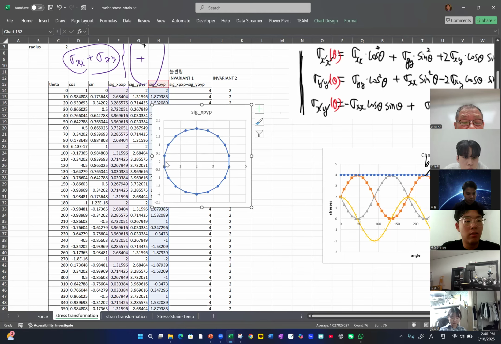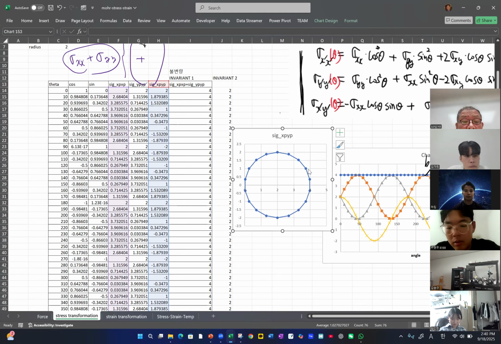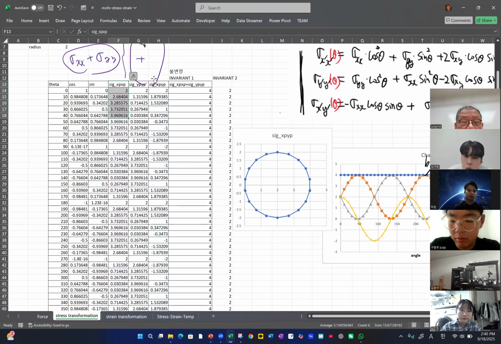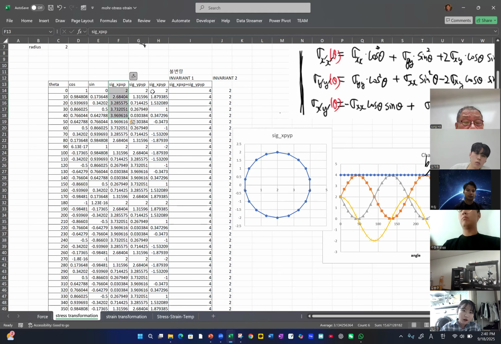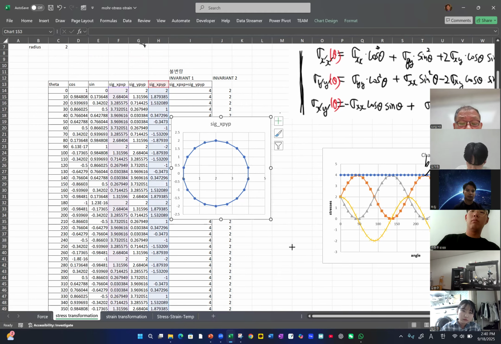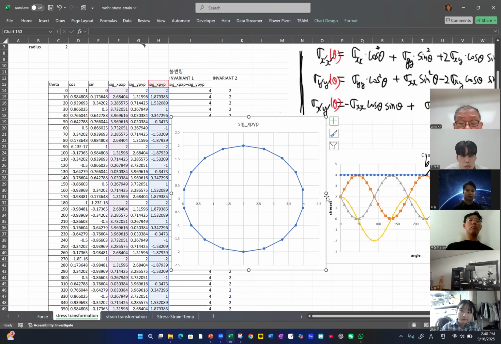I'm trying to have the same scale. This is a scale of 4, and this is a scale of 2 and 2, so it's about the same scale. Again, what we plot here is this one as the x-axis and this one as the y-axis. This is giving us exactly the circles.